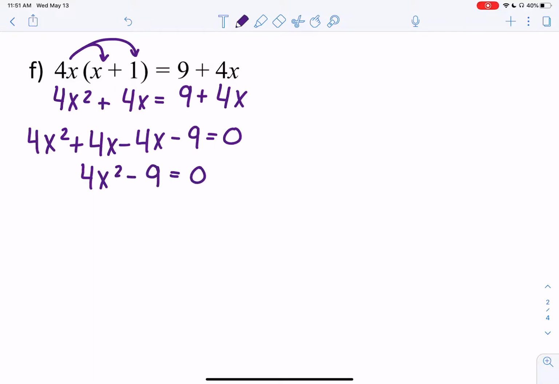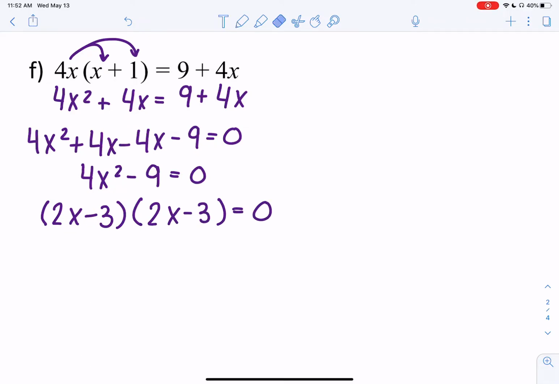Now that I have it all equaling 0, I'm ready to start factoring. I first always start by looking to see if I can common factor. In this case, I cannot, so I will just factor normally. I have 4x squared minus 9, and that's a difference of squares. So that will give me 2x plus 3 and 2x minus 3 equals 0.